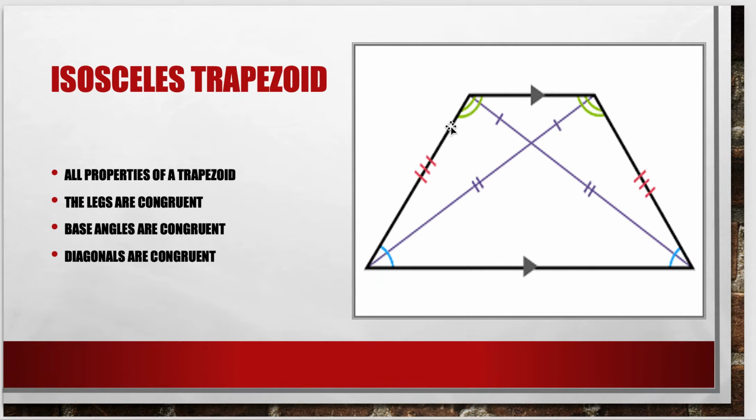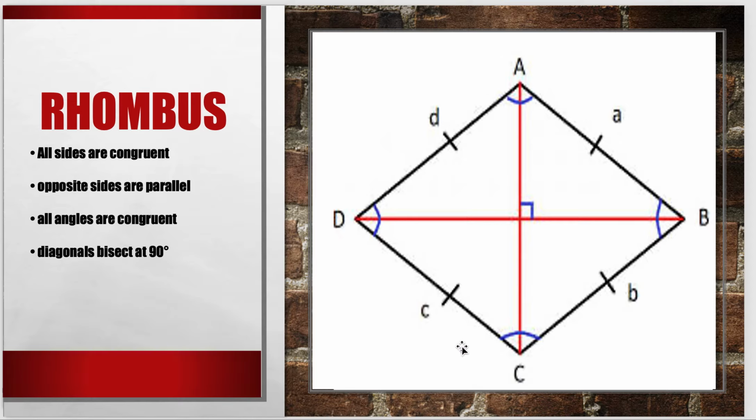And then all angles are congruent. So this angle is congruent to the angle directly across. DAB is congruent to angle ABC and angle BCD and angle CDA. All those angles are congruent.